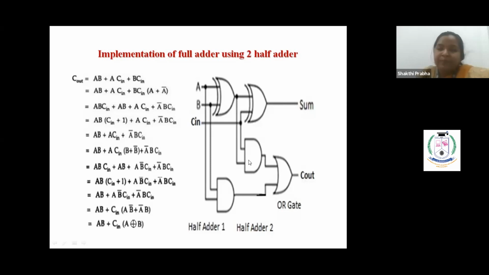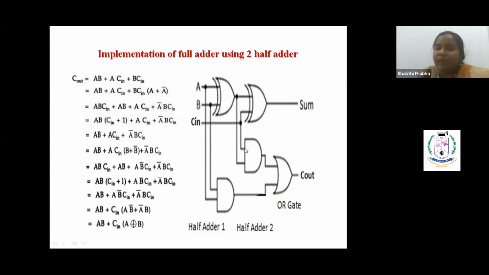I'm taking the output from here, and then I'm multiplying it with C. C we already have a line over here. So from there I will take a line and multiply, because this is of the form C into A XOR B. So multiplication is being used. So I get the answer C into A XOR B. And what is my next product term? AB. That is A dot.